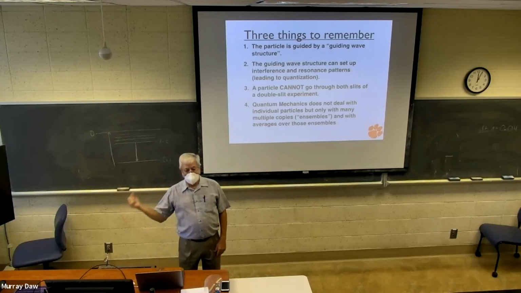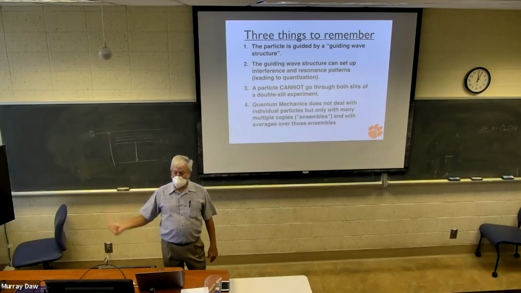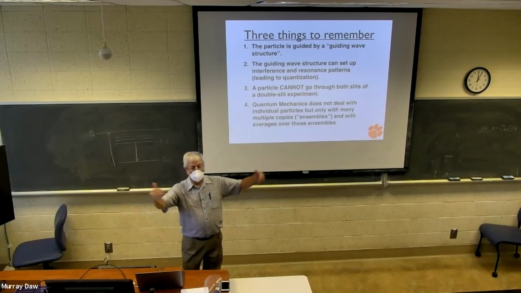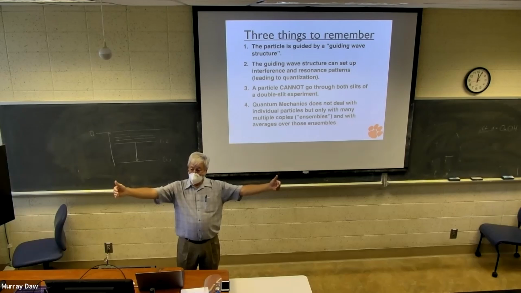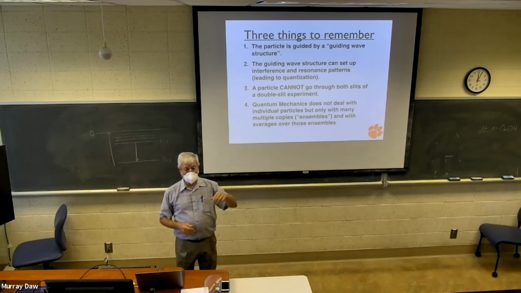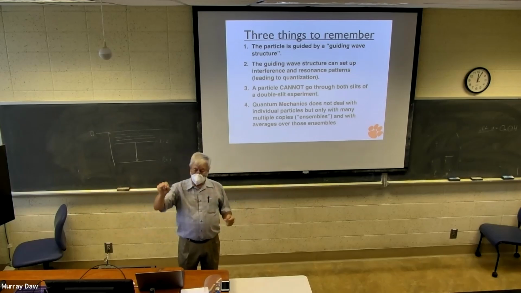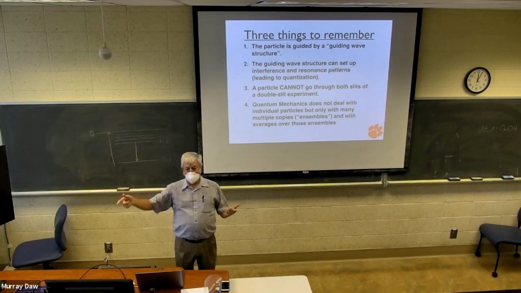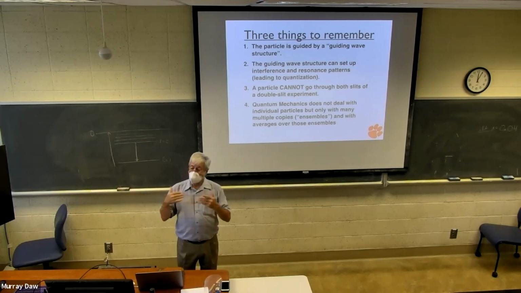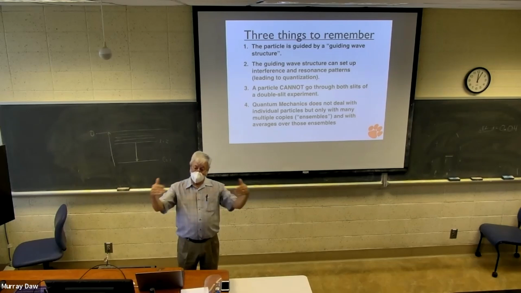I prepare each one in an identical way, and then I run it through and I collect statistics on the ensemble. I'm not just going to look at individual ones, but I'm going to look at the ensemble as a whole. Because if you only look at individual electrons, you don't get that interference pattern. It's only through doing the ensemble that the guiding wave structure that's present is made clearer.